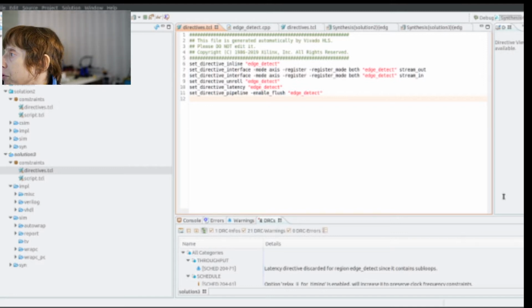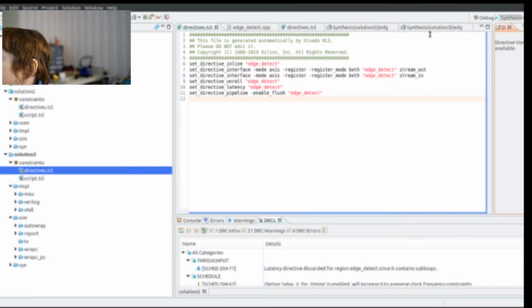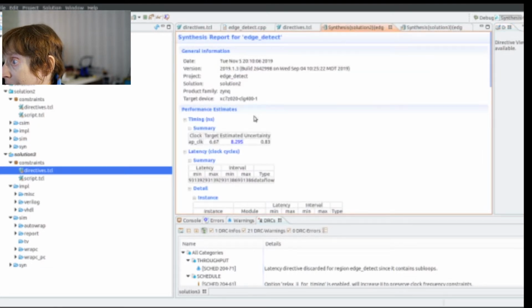So let's go to solution 2 here. Now notice the clock target was 6.67. This is pretty similar to the one that they specified. And you can see the minimum latencies look like 931 clock cycles.